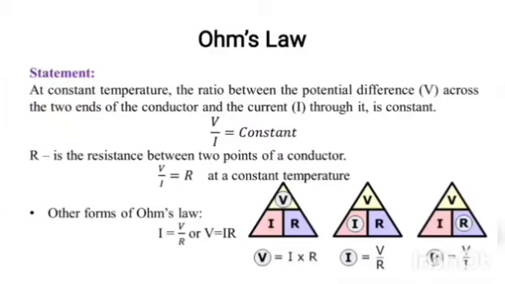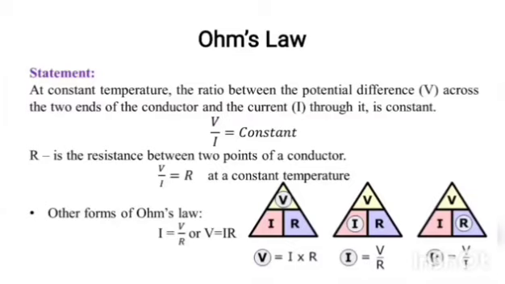So the statement of Ohm's law is: at constant temperature, the temperature should not change. At constant temperature, the ratio between the potential difference, that is the voltage across the two ends of the conductor, and the current I through it is constant. It means the temperature does not change.